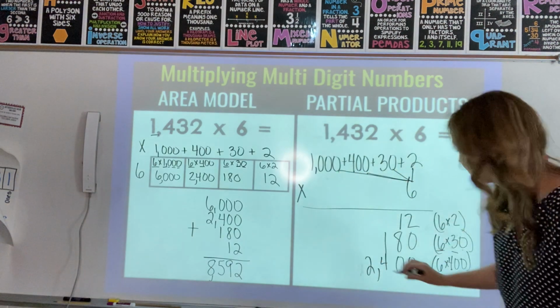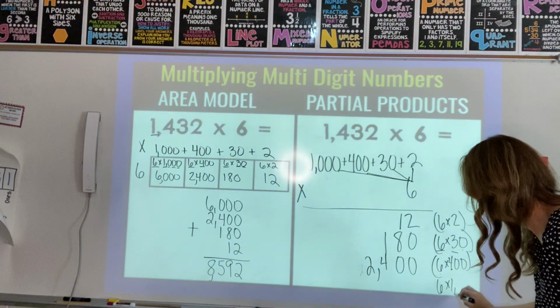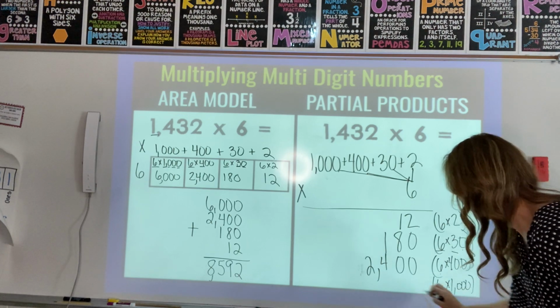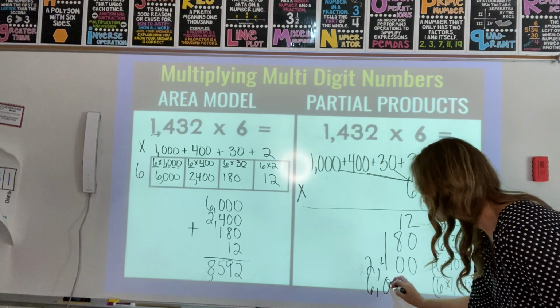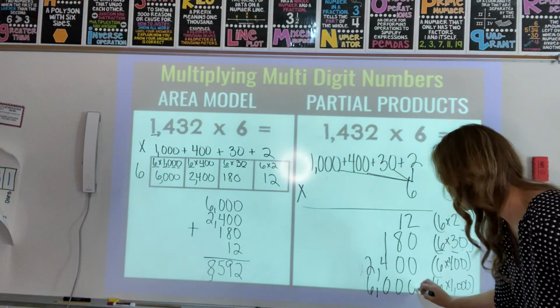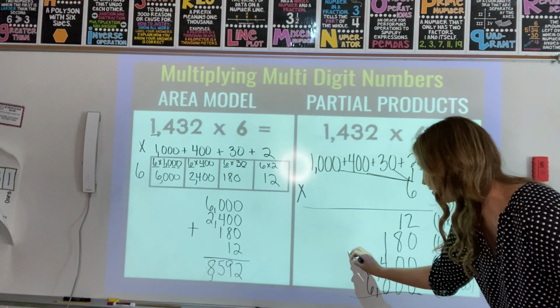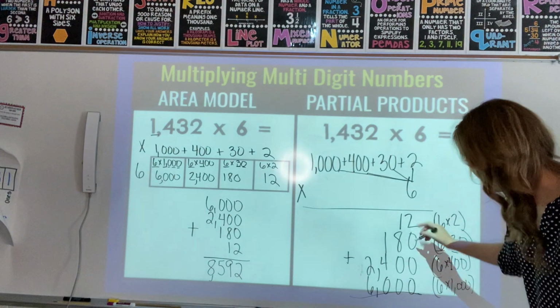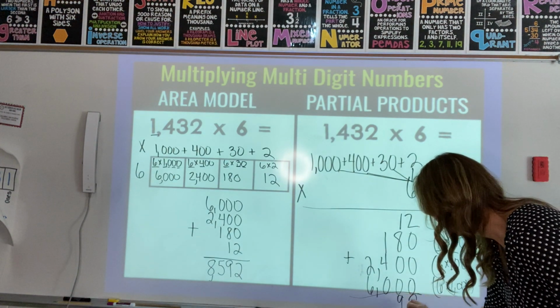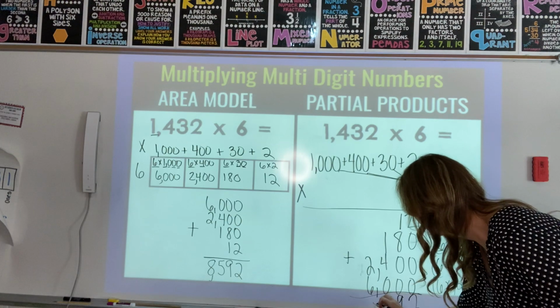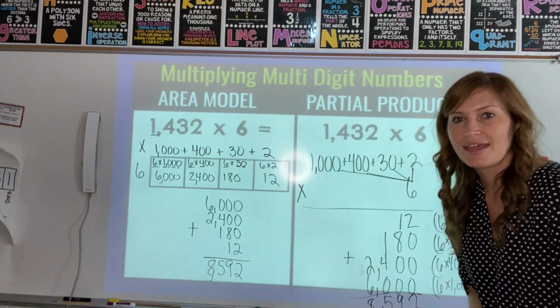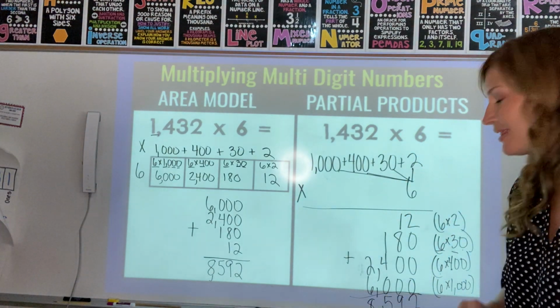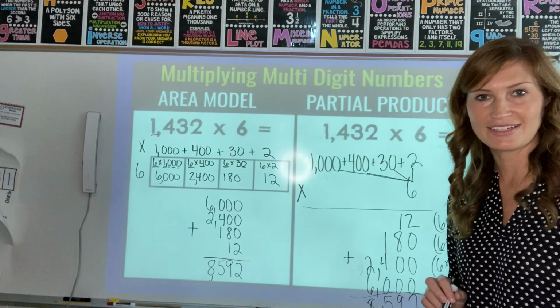And then 6 times 1,000. It's important to make sure you're lining up your numbers. So it's easiest to go ahead and line them up now so that you don't have to rewrite it. All right, when I add, I get this same product, which is 8,592.